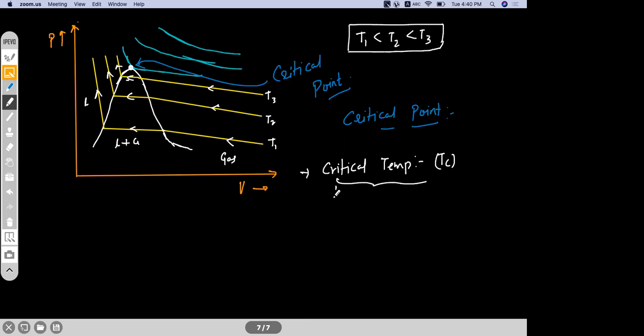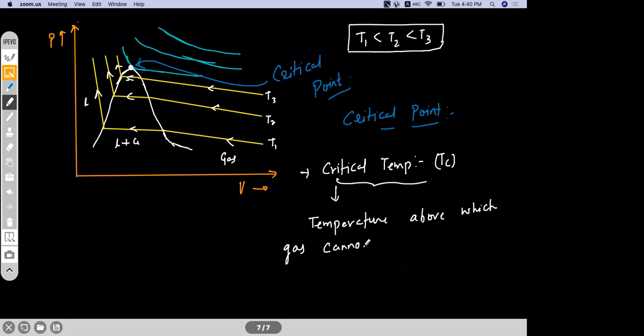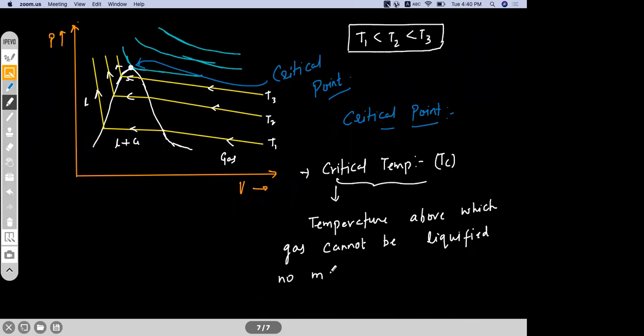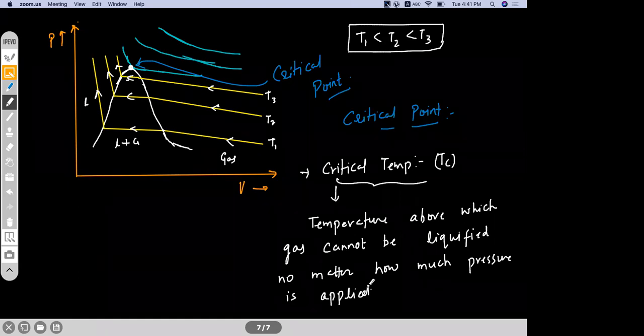Okay, write down, it is a temperature above which a gas cannot be liquefied, no matter how much pressure is applied.